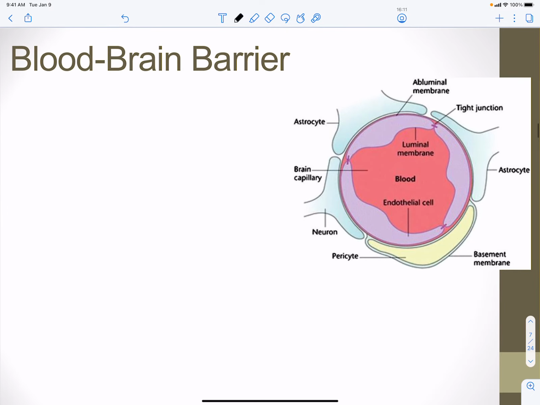So the blood-brain barrier is going to have a continuous collagen-containing basement membrane that's going to surround the capillary. So we have our basement membrane, and this is going to be collagen-containing.